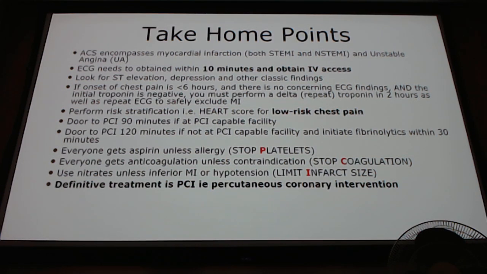To diagnose NSTEMI, we need to get a troponin, and we have some time frames we like to keep in mind. If the onset is less than 6 hours, we need to get what we call a delta troponin, or a repeat troponin, in 2 hours. We have higher sensitivity tests today, so we can sometimes use a high sensitivity troponin in the first 2 hours to rule it out.